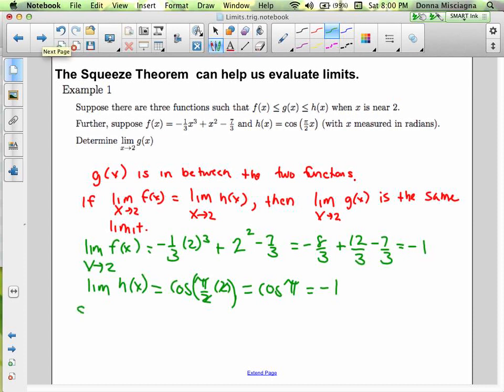So, actually let me switch colors. I like to switch colors. I think it makes it easier to read, where I do one thing and go on to the next.